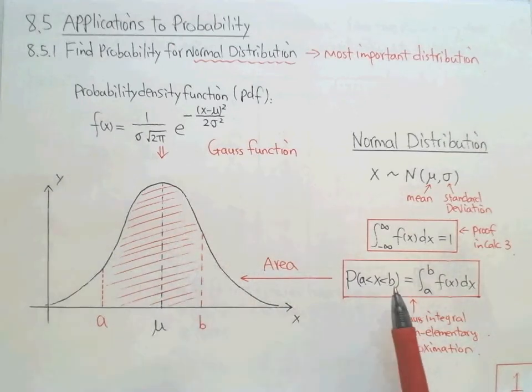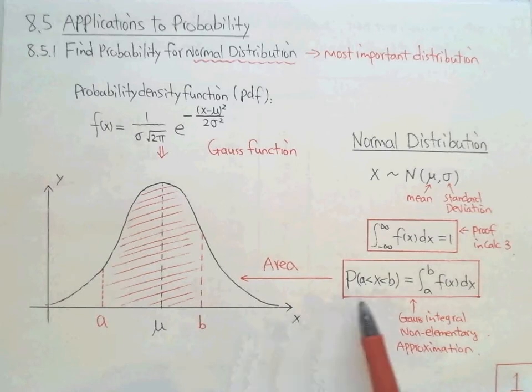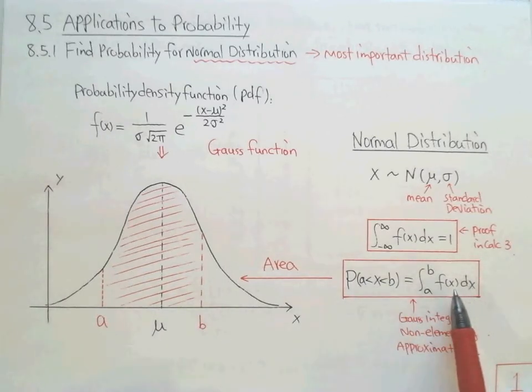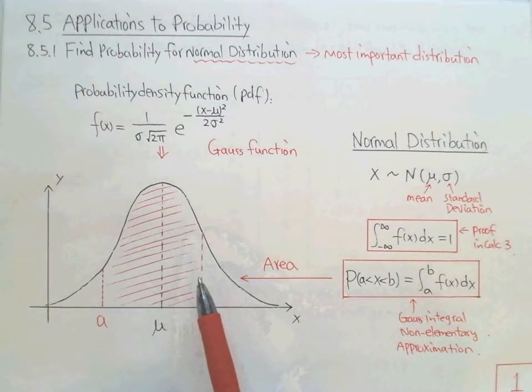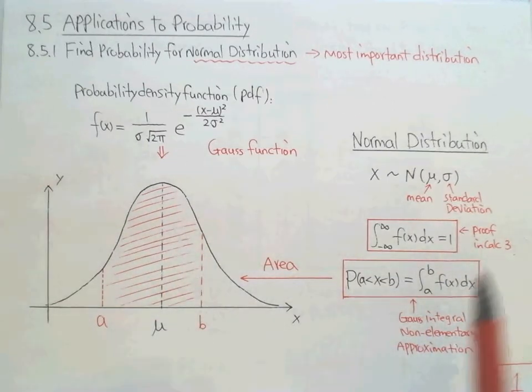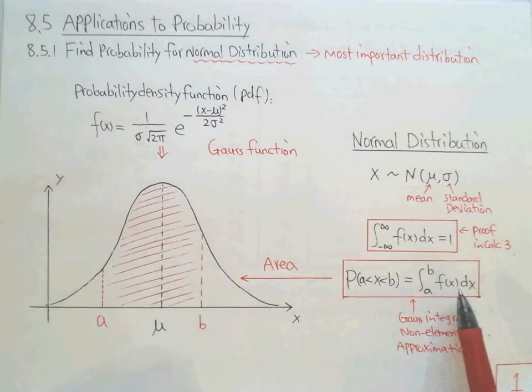Now we have this question: we need to find the probability, which in basic mathematics means we need to find the area. How to find the area under the curve? That's the topic in calculus 2. However, we cannot find the elementary antiderivative of f(x) because this is a Gaussian integral, as you learned before.